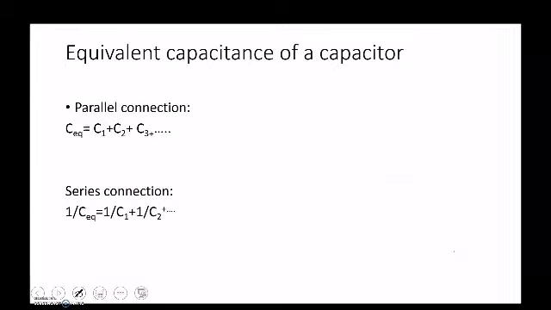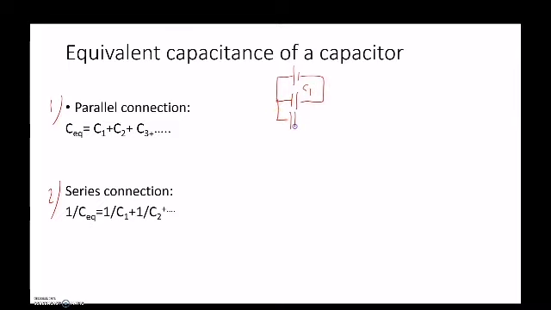Concerning the equivalent capacitance of capacitors, we have two cases. Case 1, parallel connection, and case 2, series connection. In parallel connection, we have, for example, a DC generator connected in parallel to a capacitor of capacitance C1, also connected in parallel to a capacitor of capacitance C2, also connected to a capacitor of capacitance C3, etc. You can notice here that the main current I is subdivided into current I1 crossing C1, current I2 crossing C2, and current I3 traversing C3.